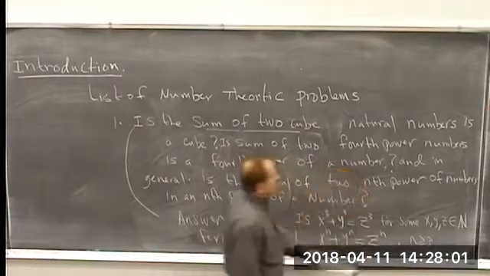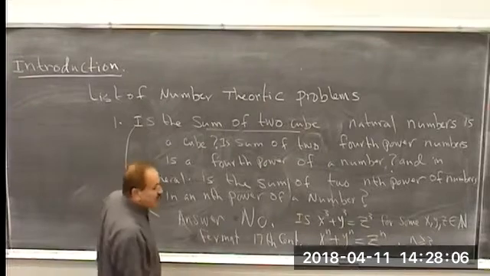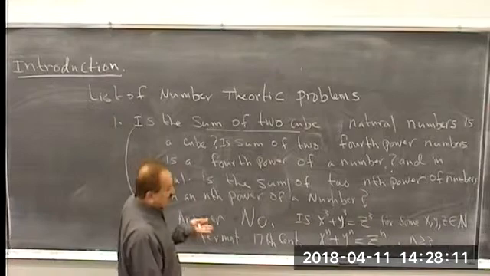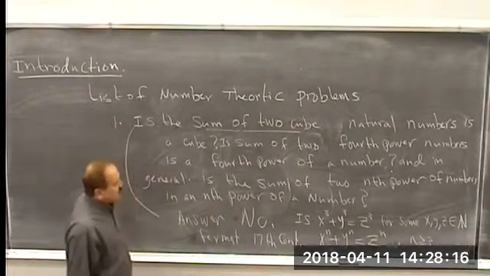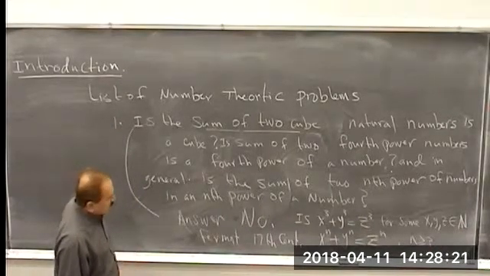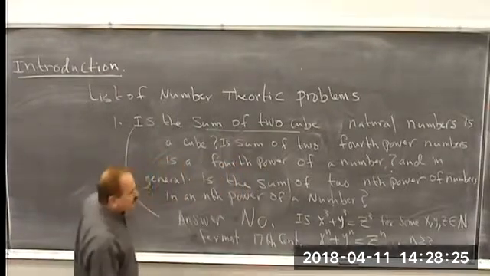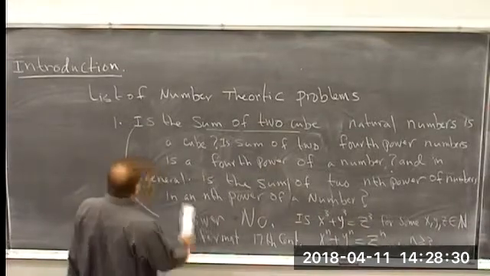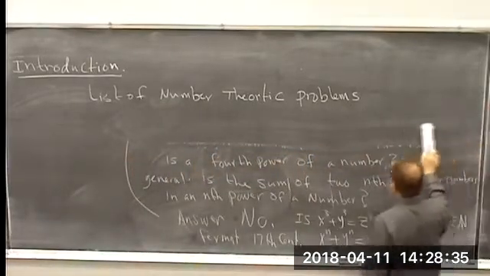He made this statement in the margin of a book he was reading by Diophantus of Alexandria, and he said that he has a marvelous proof for this fact, but the margin of the book is too small to write it down. Since then, it is known as Fermat's last theorem.